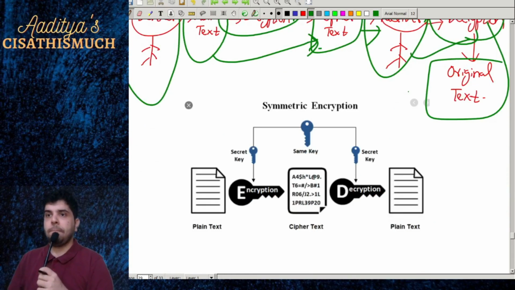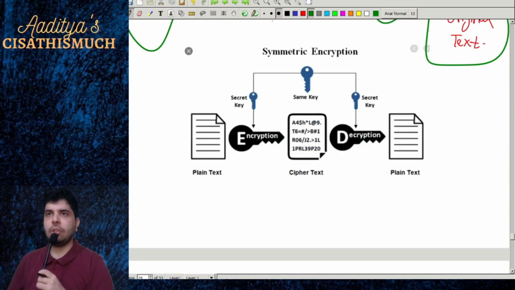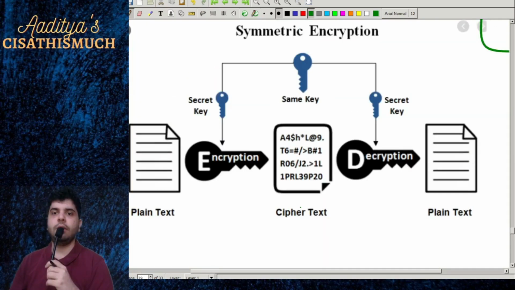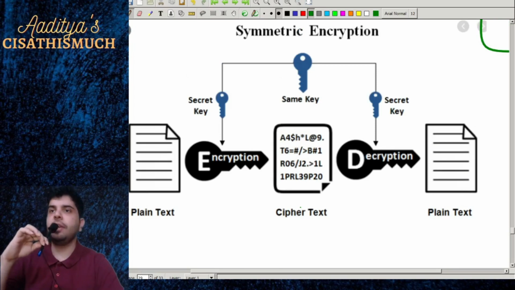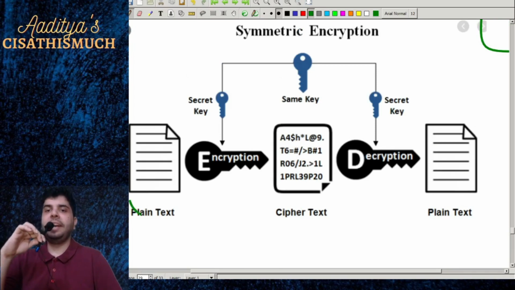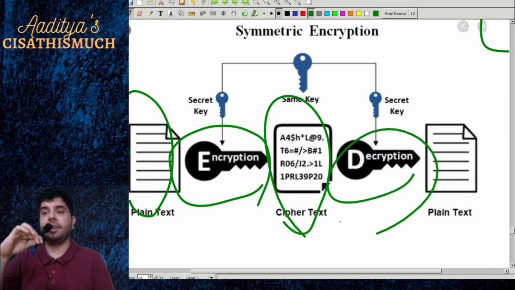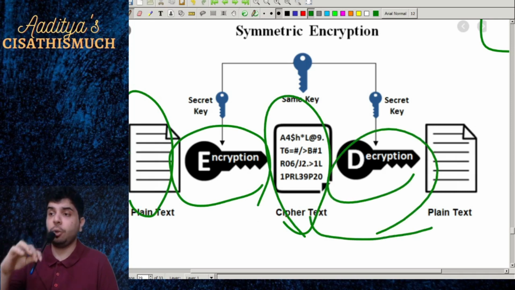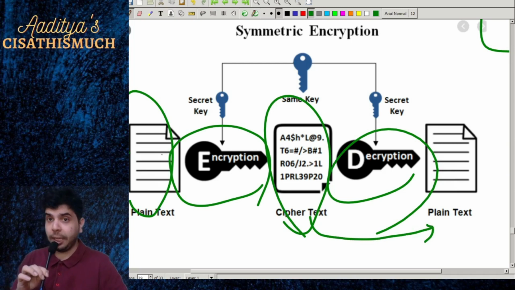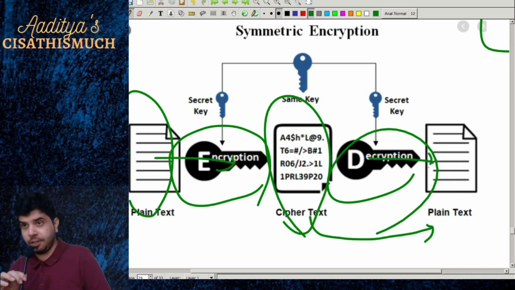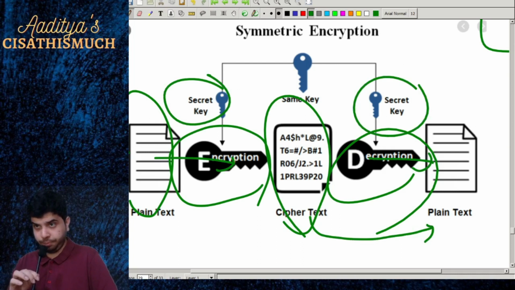Let's look at this image. As you can see, the plain text is converted into ciphertext during encryption, and during decryption the ciphertext is converted back into plain text. While encryption and while decryption, the same key is used.